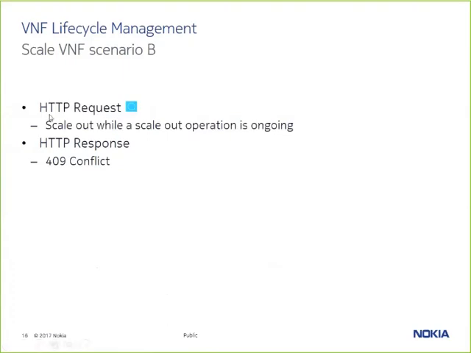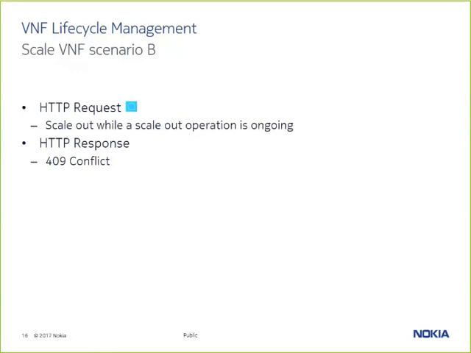Okay, so the second scenario would be to scale out at the same time when there is a scale out operation ongoing. And the expected outcome is that this will result in a 409 conflict. Why is this important? When there is an operation ongoing on a VNF, it can potentially result in conflict if we allow multiple operations to happen at the same time.